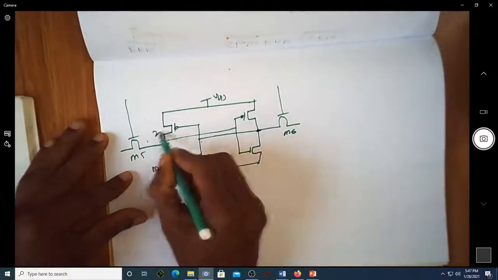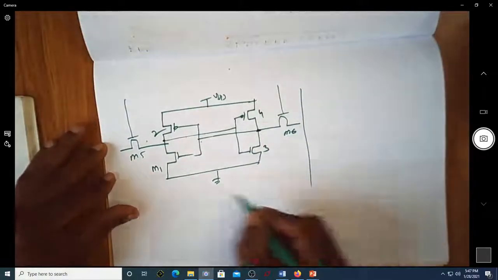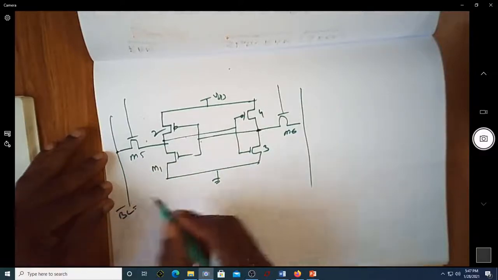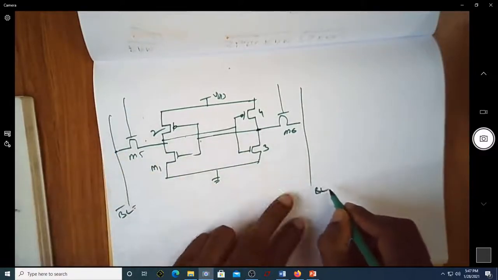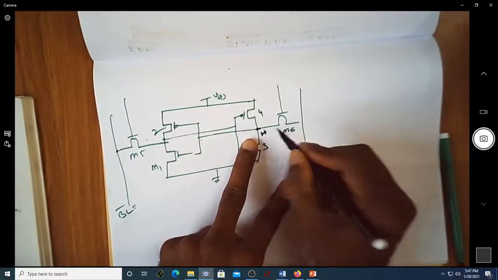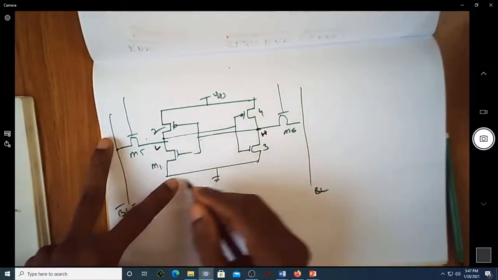These are M1, 2, 3, 4. I have a bit line, this is bit line bar, and this is bit line. So let us assume that the value stored is high here. The value on this side will be low.